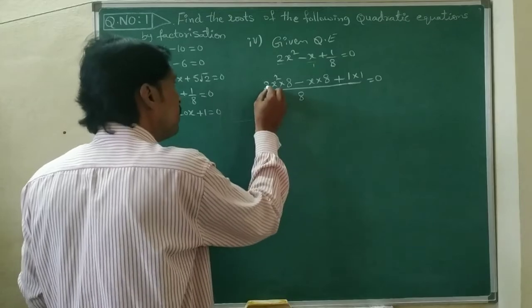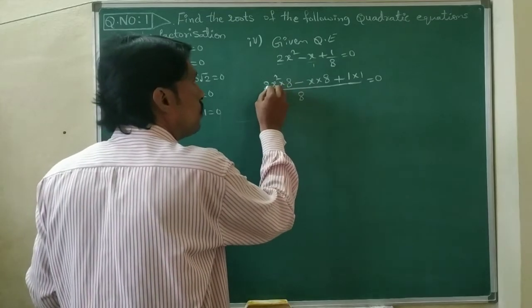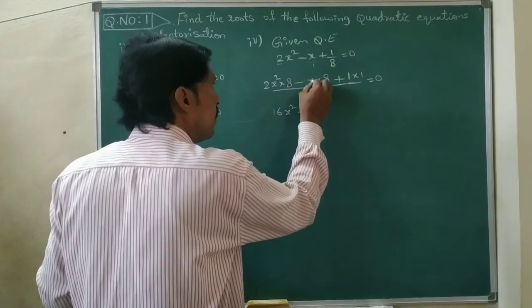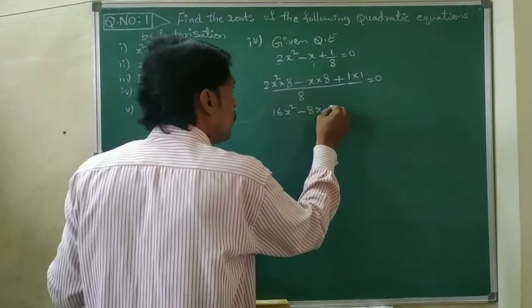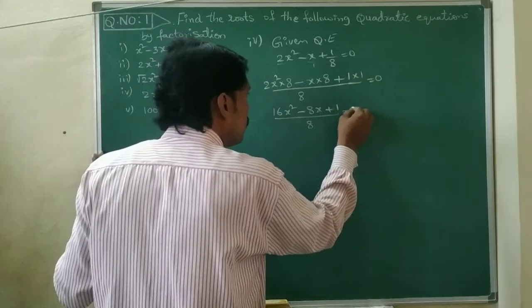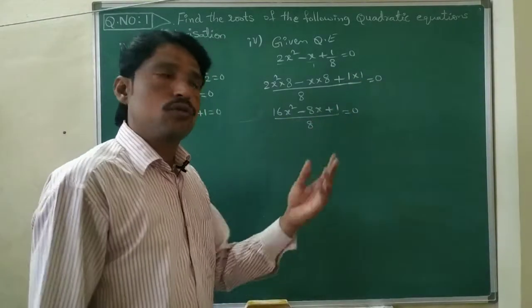Now we can multiply: 2 into 8, 16x square minus x into 8, 8x plus 1 into 1 by 8 equal to 0. This denominator we need to transpose to the right.